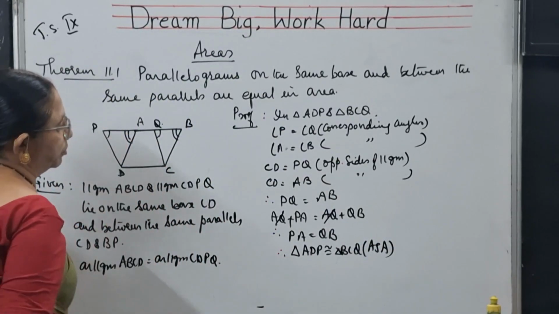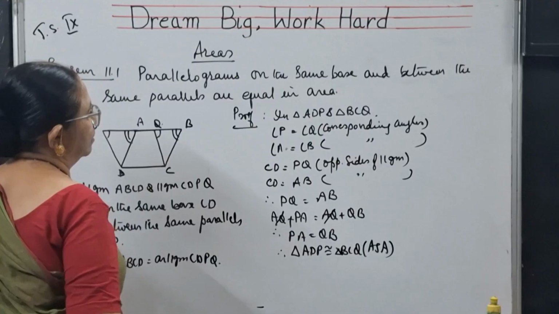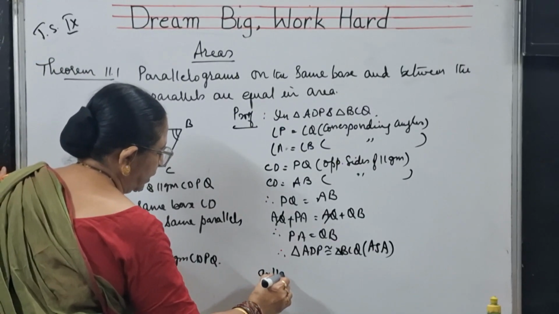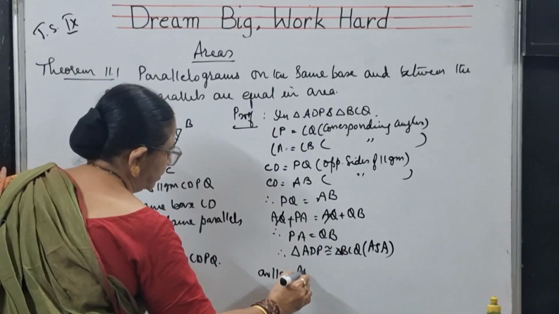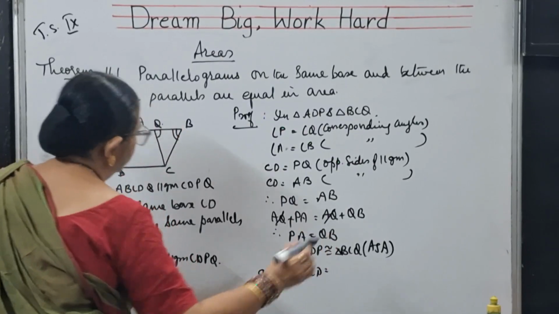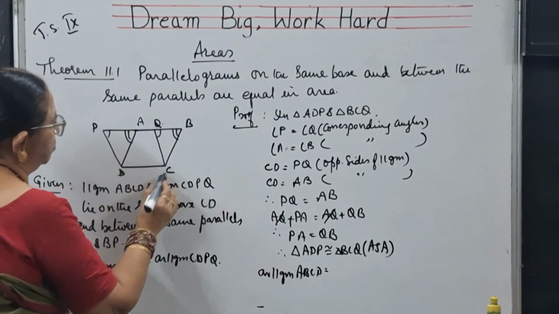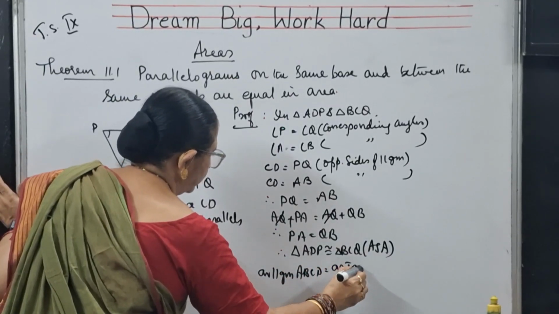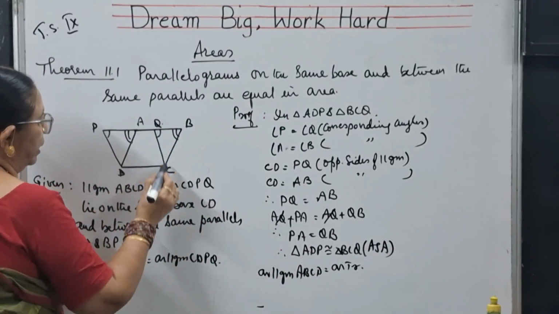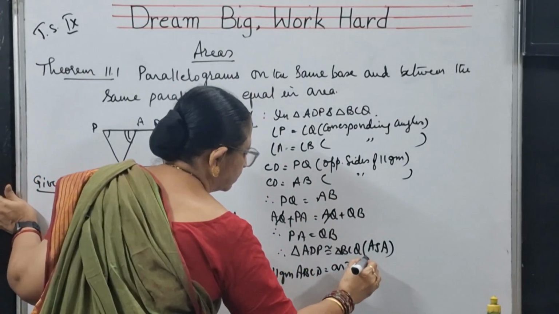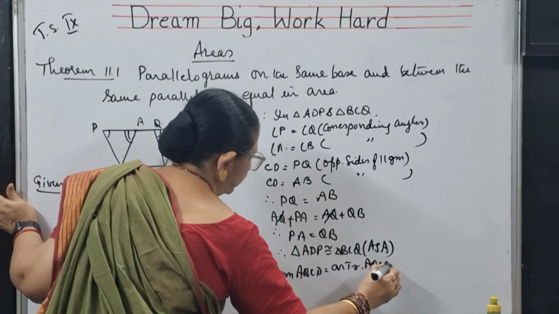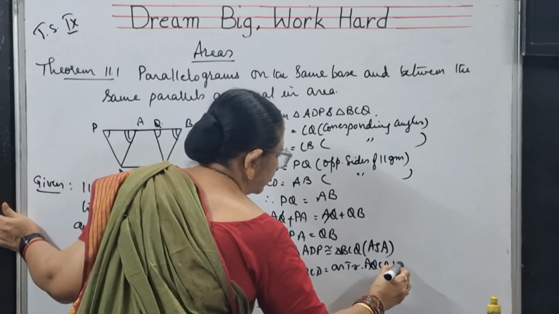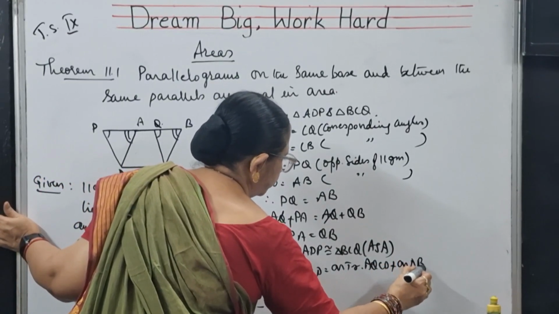Now, what is area of a parallelogram ABCD? Area of parallelogram ABCD is nothing but area of trapezium AQCD plus area of triangle BCQ.